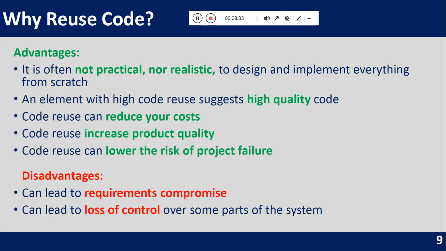Then it suggests that it's very high quality code, and maybe the next one should reuse it because it's essential and high quality. Code reuse can reduce your costs definitely, and it increases the product quality because it is high quality code, and lowers the risk of failure, which is based on our increased product quality. And there are also some disadvantages where it can lead to some requirement compromise.